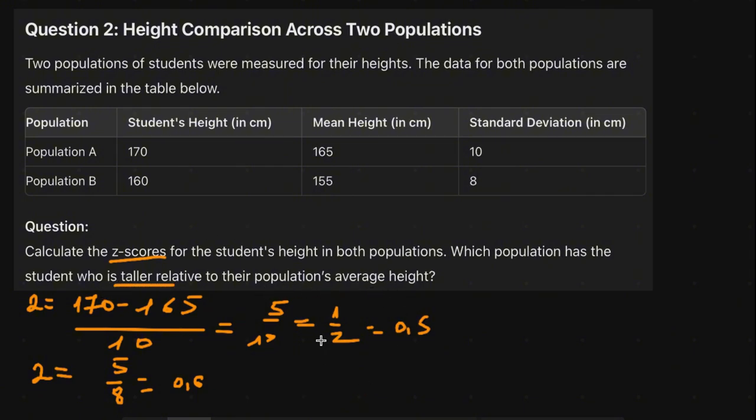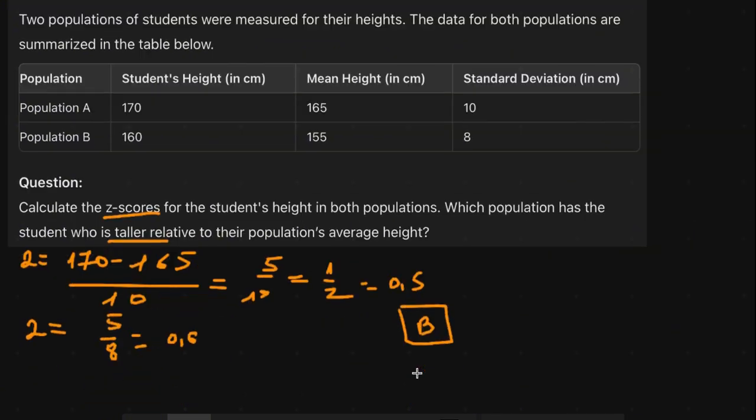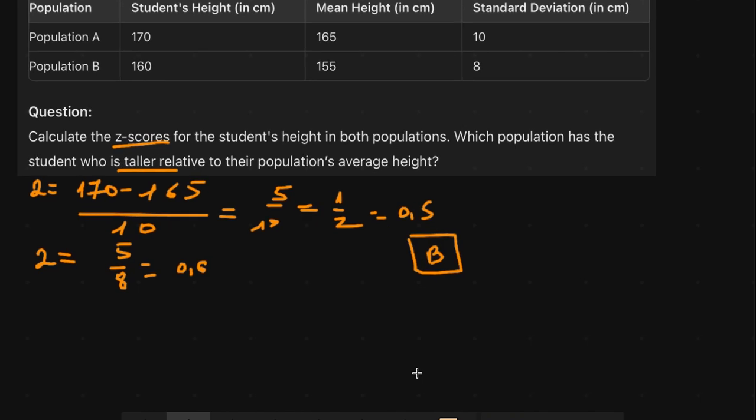So we can safely conclude that the student in population B has a taller height relative to their population's average height.